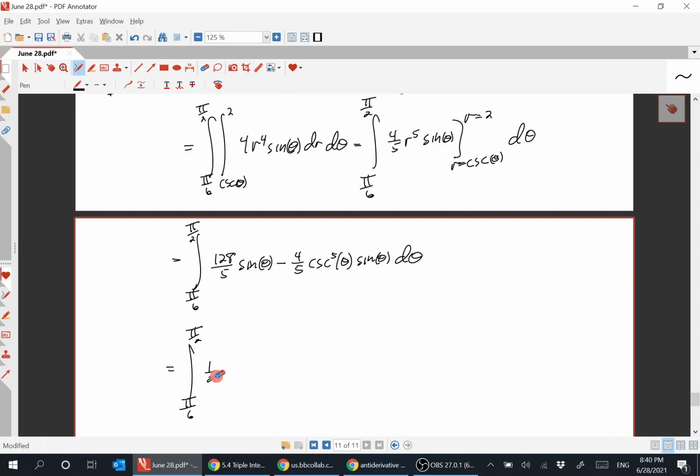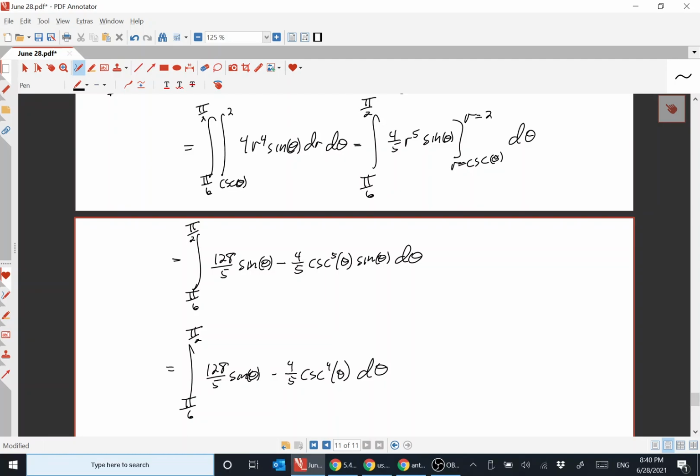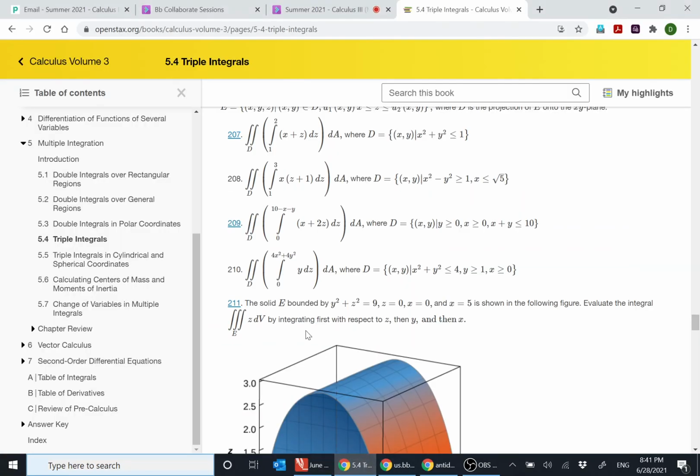So this becomes 128 over 5 sine of theta minus 4/5 cosecant to the 4th theta d theta. I am not going to bust out the integration by parts and all that junk for this. The worst integrals in town. Cosecant to the 4th. No, actually, it's not that bad. Let's not waste time on that.